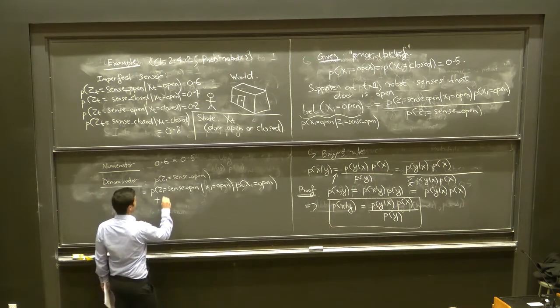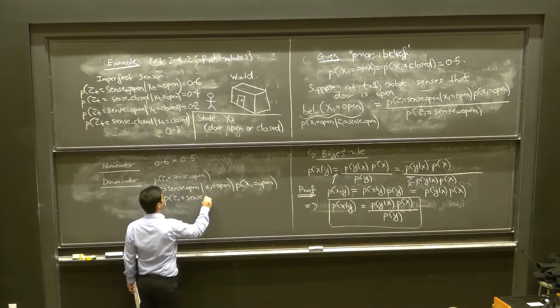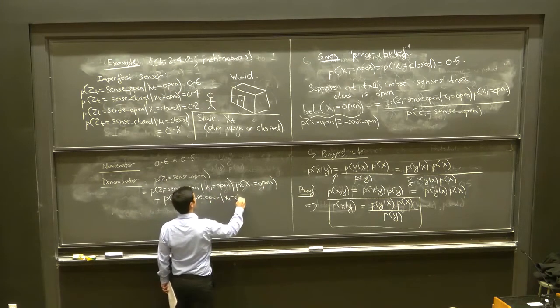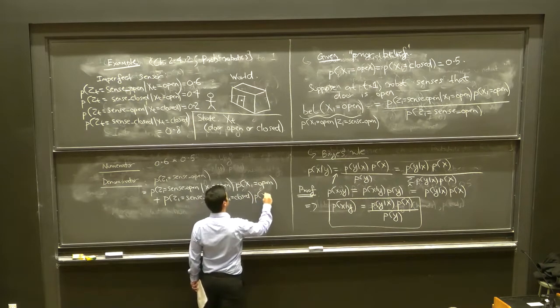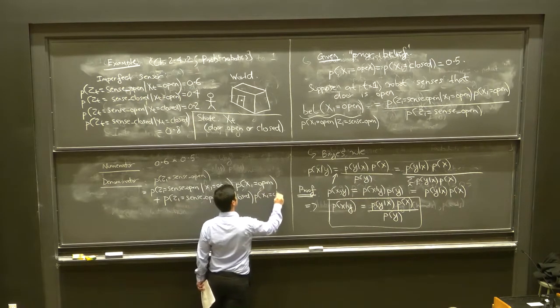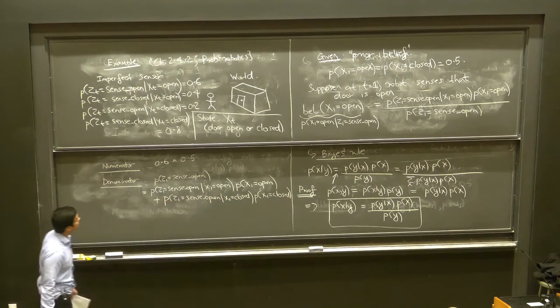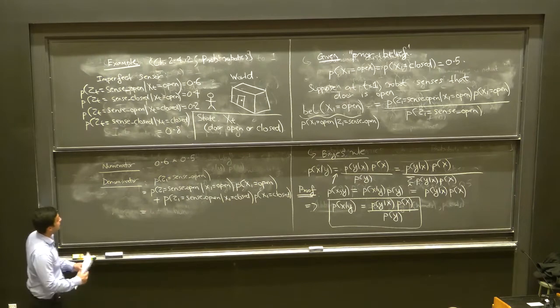Plus the probability that we sense the door to be open, given that the door is closed, multiplied by the probability that the door is closed. Again, we can make these concrete using our sensor model.